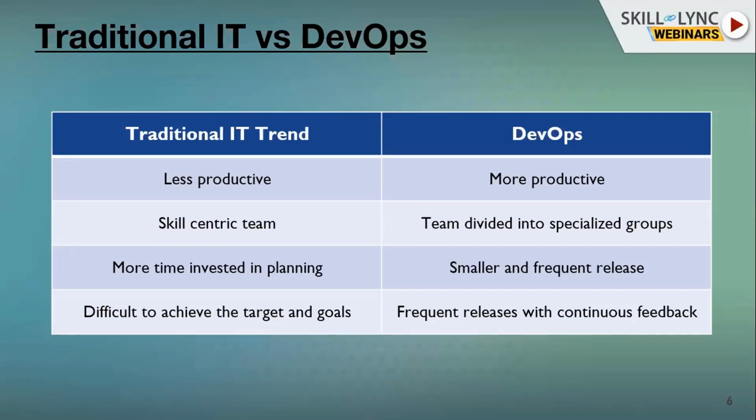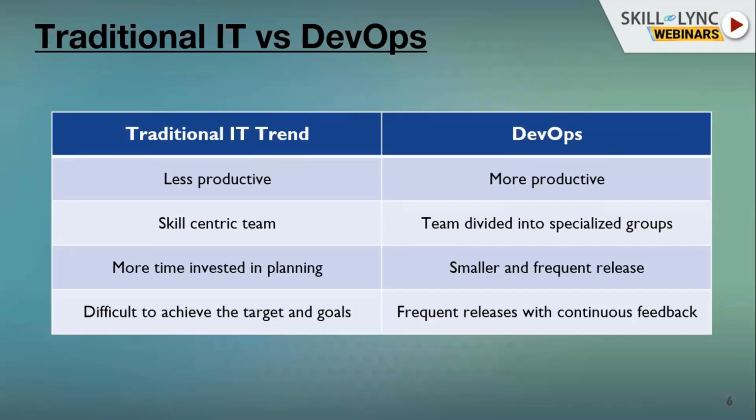So at the end of those 9 months, my product is not delivered as what I was looking for, and that leads to a lot of failure. But in DevOps, we have frequent releases and continuous interaction and feedback with the product owner or the business team, so they help us understand what gaps we have in the requirement and how we can fill them.